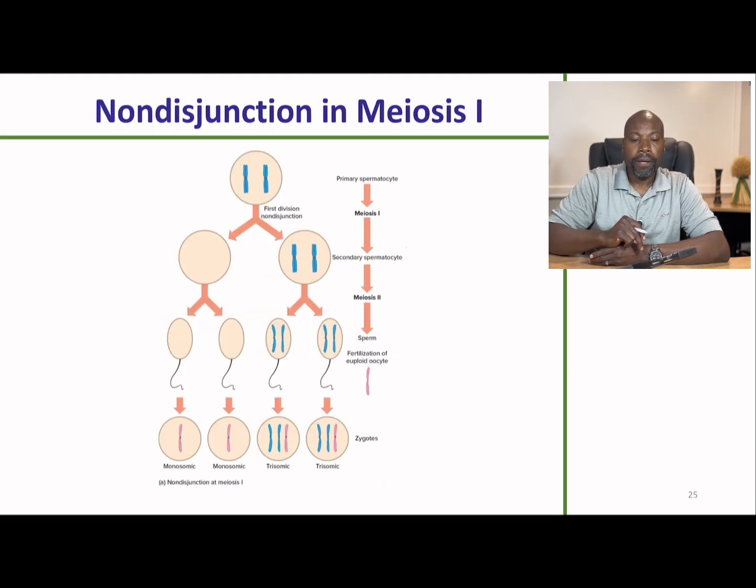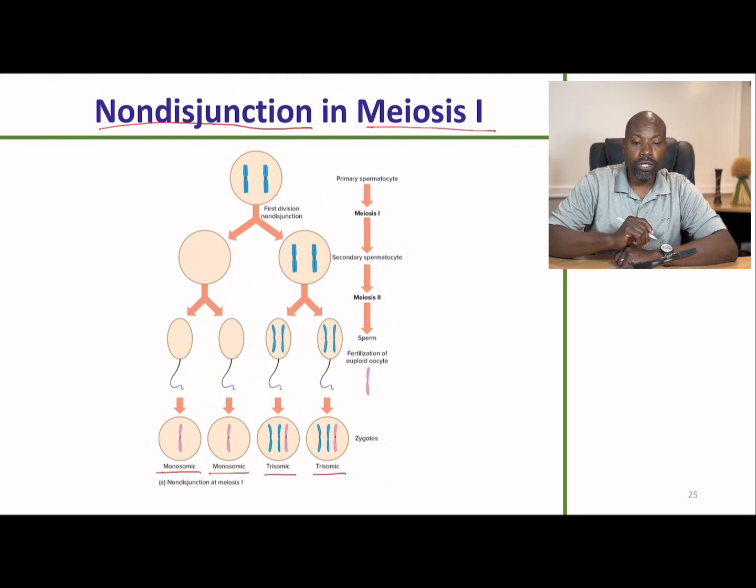All right. So non-disjunction can occur during meiosis 1 or during meiosis 2. When non-disjunction occurs during meiosis 1, all the gametes are abnormal. Two gametes are going to have a monosomy condition, while two gametes are going to have a trisomy condition.